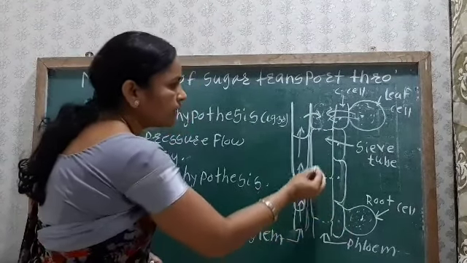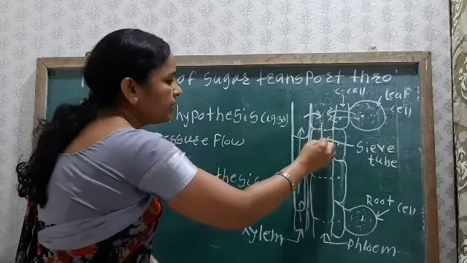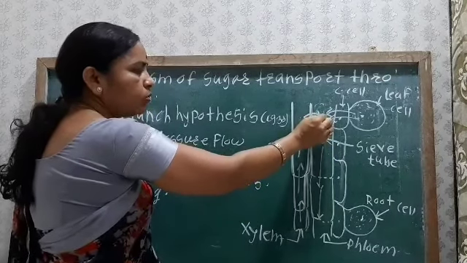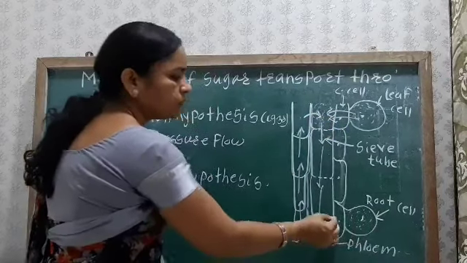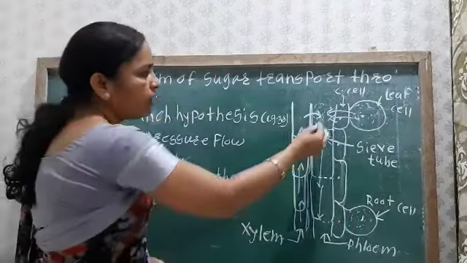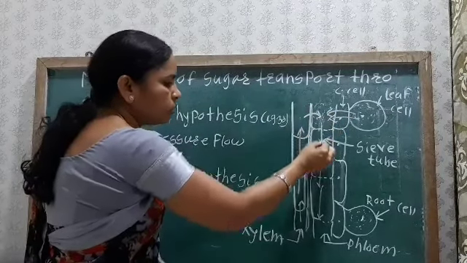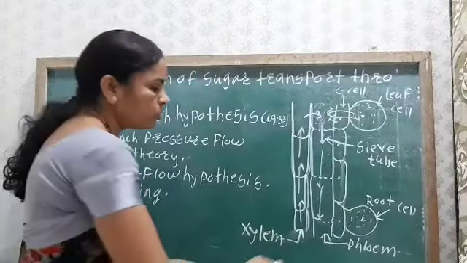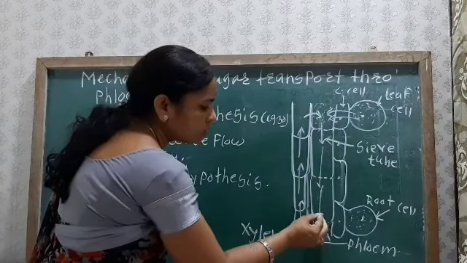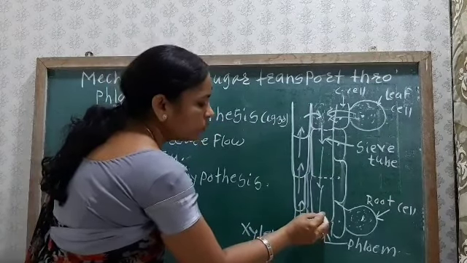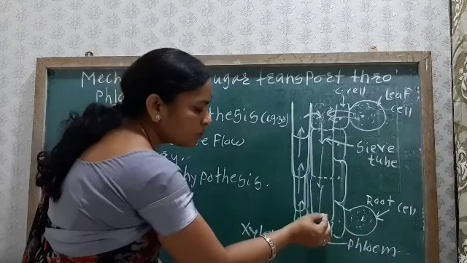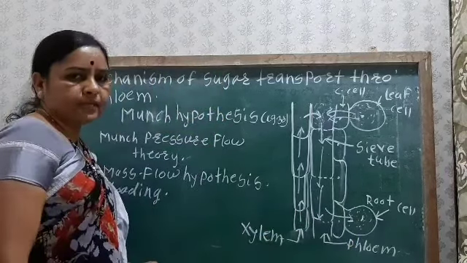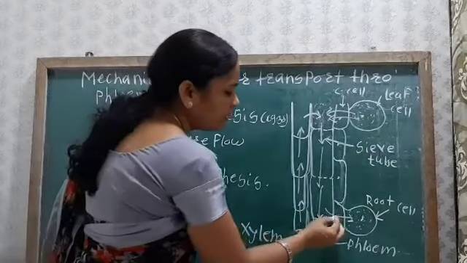And due to this turgor pressure gradient, the food material or the sugar is transported from the sieve tube of the leaf cell to the sieve tube of the root cell. बघा याची मुवमेंट कशी होईल, तर इथं लीफ सेलचं सिव ट्यूब आहे, तिथून हे फूड मटेरियल ट्रान्सपोर्ट होईल अप टू द रूट. ओके, सो हियर द फूड मटेरियल that is the sugar which is transported into the sieve tube of this root cell, then again it is transported from the companion cell into the root cell.